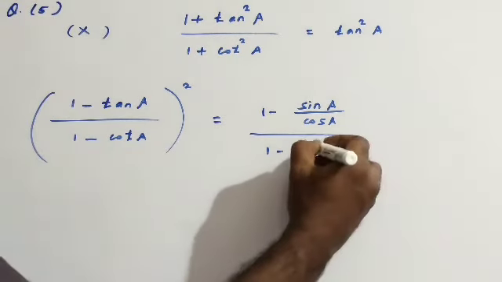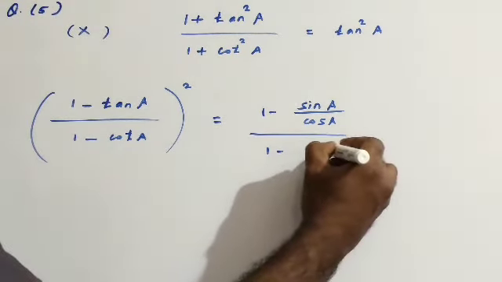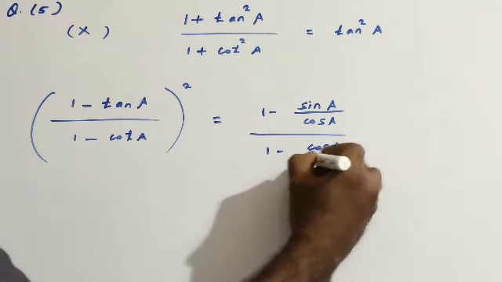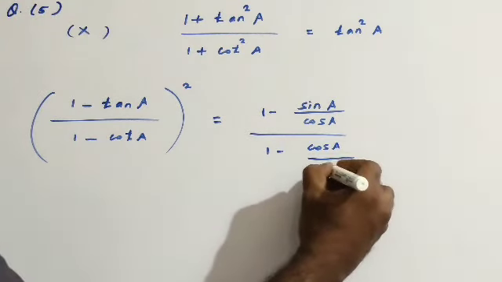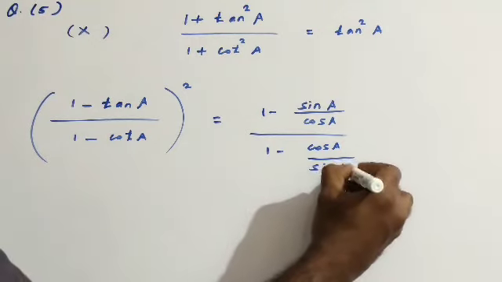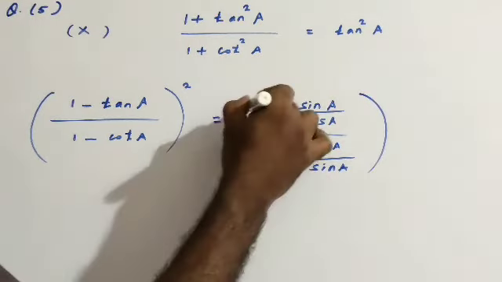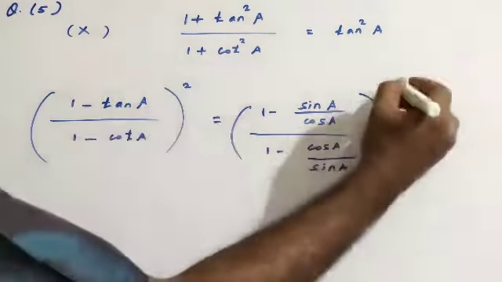Cot A is cos A by sin A. Put bracket, now whole square.